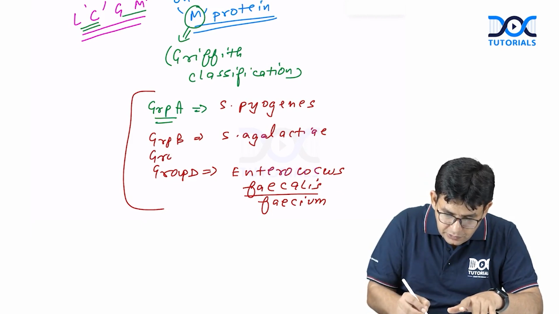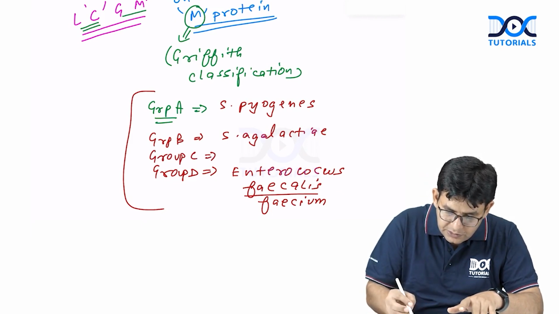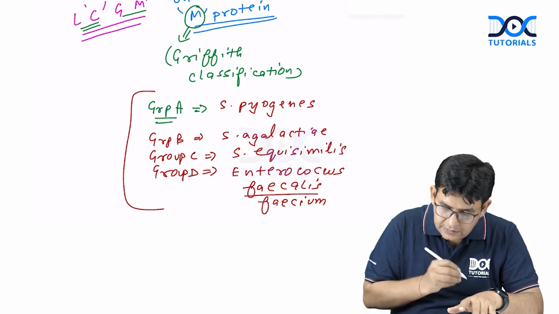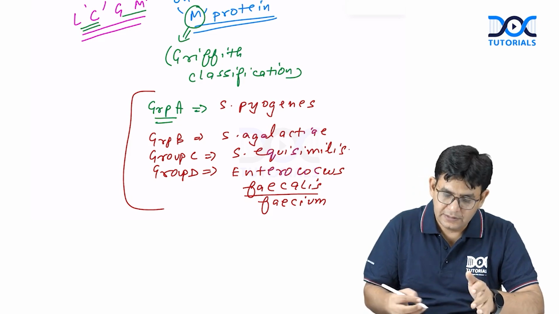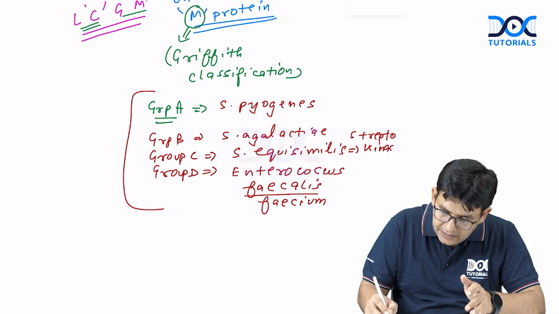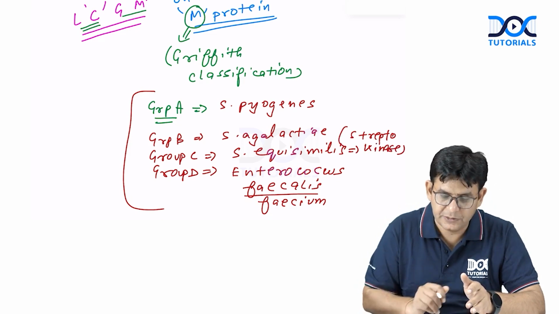If you want to know what is in group C also, then it is Streptococcus equisimilis. That particular one generates a substance termed streptokinase.